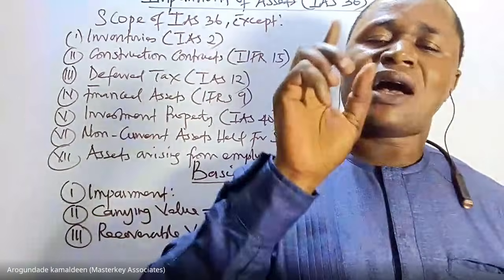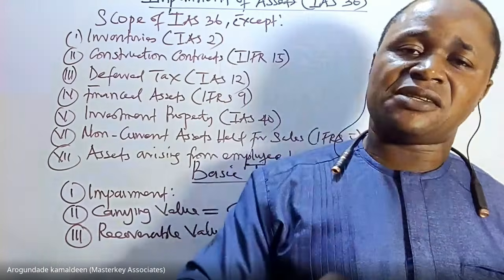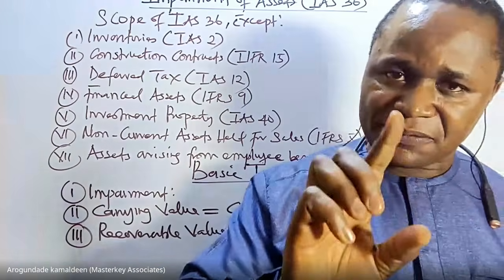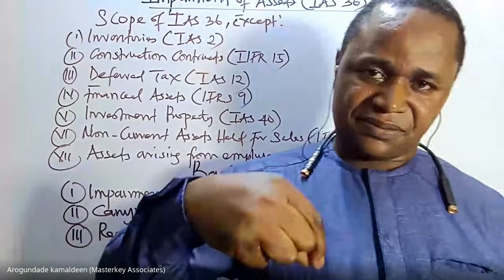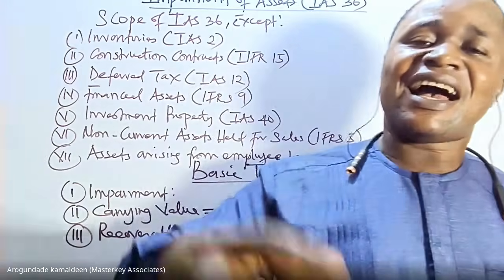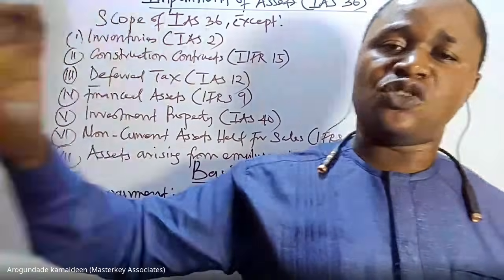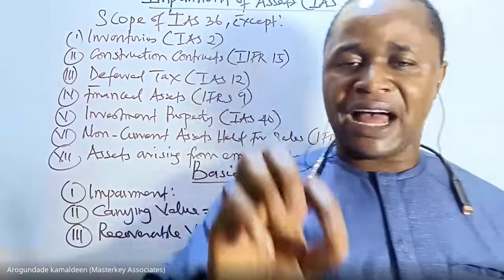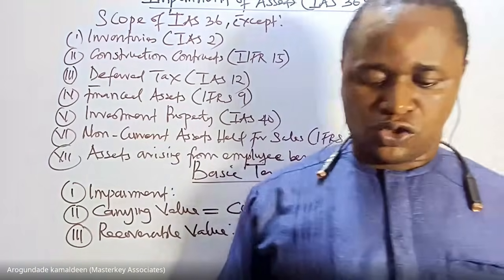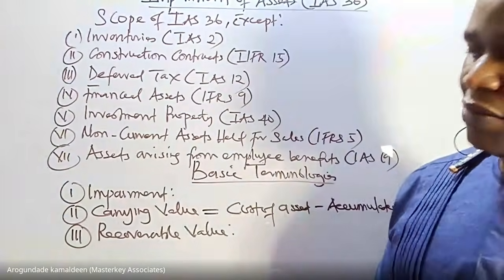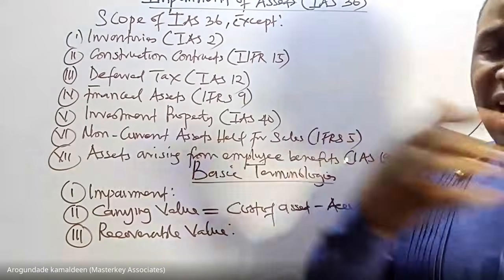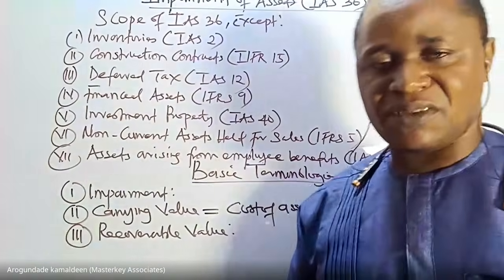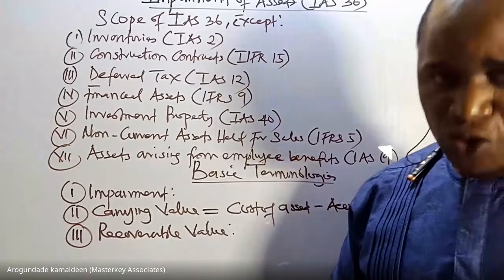Now, IAS 36 says that the recoverable value of an asset is the higher of the fair value less cost to sell and value in use. Just hold that one. We are coming there.